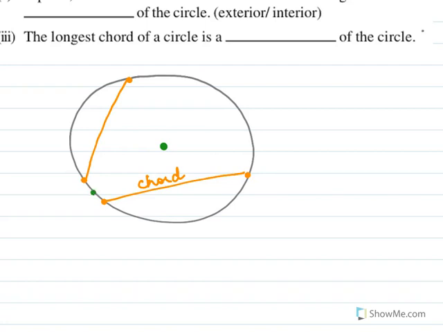This is the longest chord that I would be able to draw, and it is the diameter. Remember, diameter is a chord because it's 2 points on the circle. So the longest chord is the diameter of the circle.